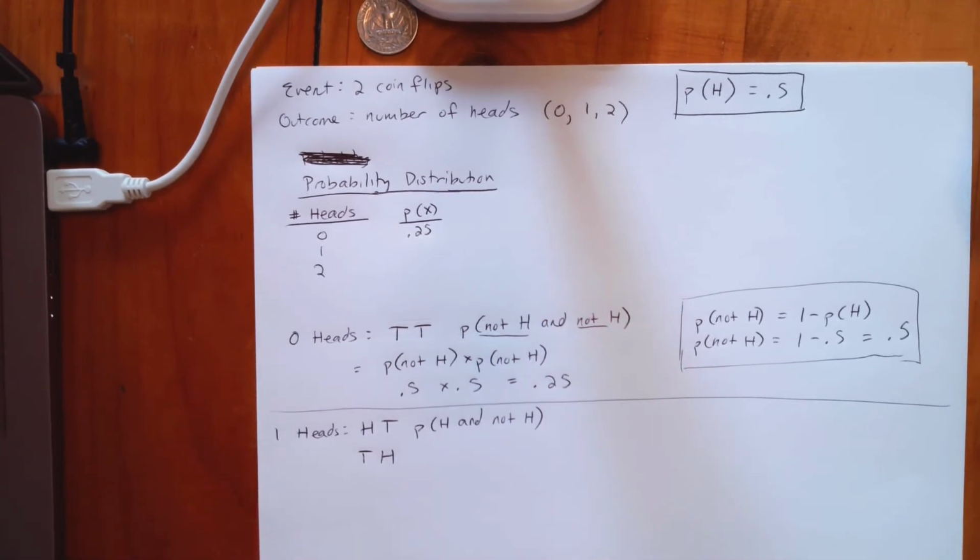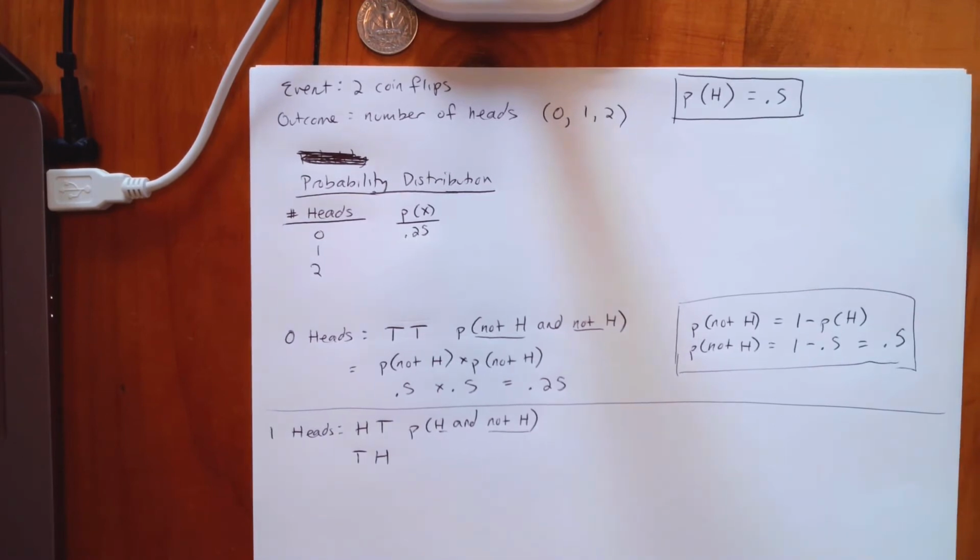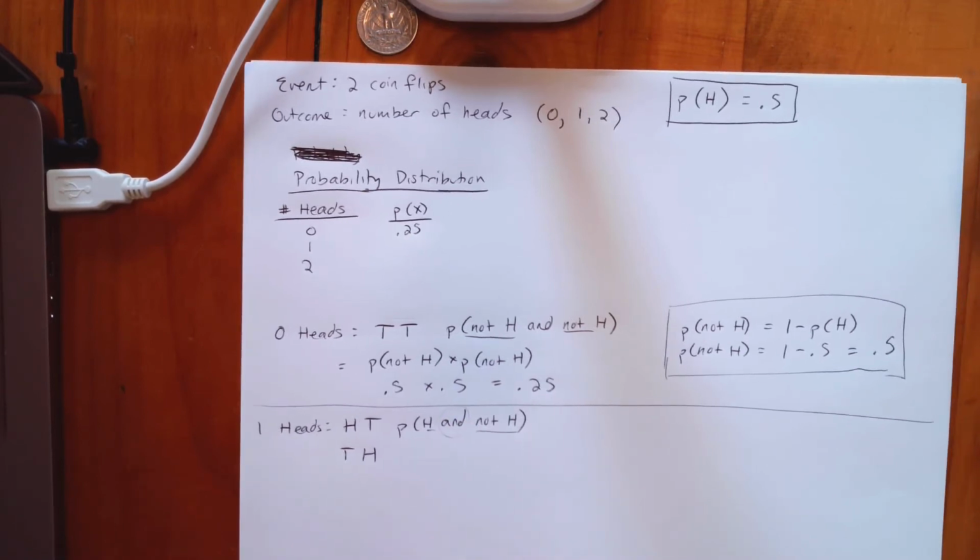So we want to know the probability that we're going to get heads in our first flip and then something that's not heads, tails, in our second flip. So using this probability notation that we have, we're going to write this out as being the probability of getting heads and not heads. This tells us that we need to use the multiplication rule again. Anytime you see an and in the middle of your probability, that means that you're looking at the multiplication rule.